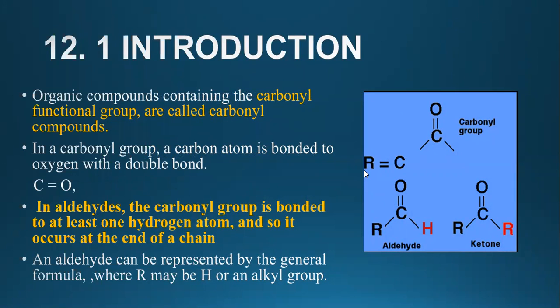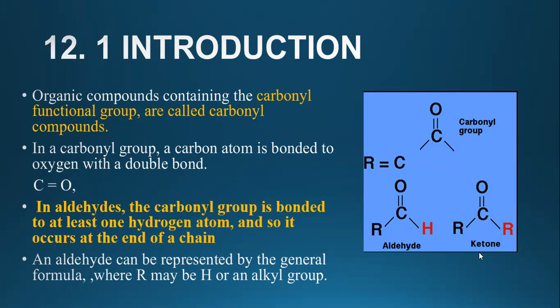If R is totally aliphatic group, then it is known as the aliphatic aldehyde. And if this R group is replaced by any benzene ring or any aromatic group, then it is known as the aromatic carbonyl group. So we will see that organic compounds containing the carbonyl functional group are called carbonyl compounds.